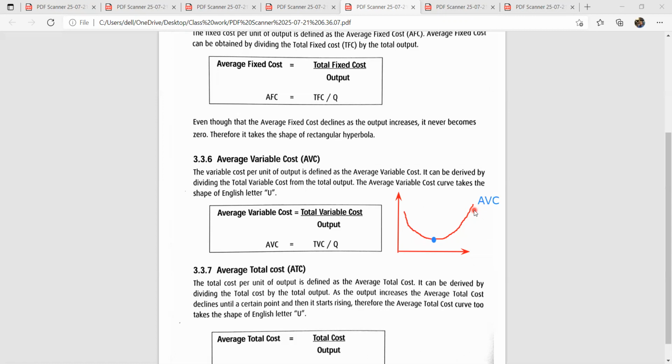Average variable cost is U shape, and the shape of the curve is determined by the law of diminishing marginal returns.